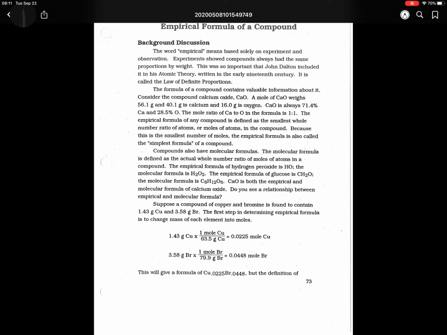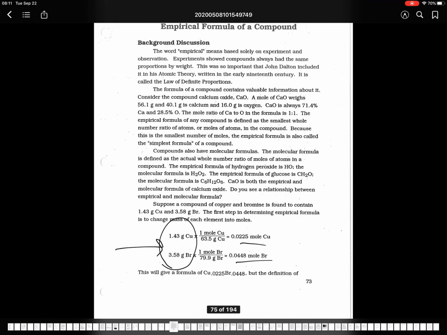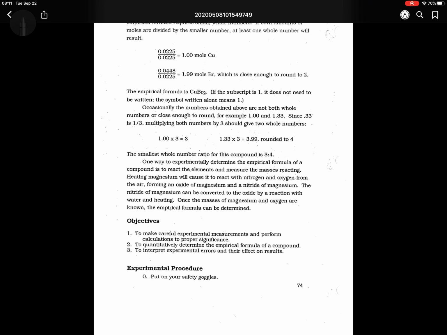On this page, it's showing you how to go from grams of some substances into moles of substances. On the next page, they're showing you an example of how you take those moles that you calculated on the previous page, and you figure out the ratio of those elements to each other, and so on.